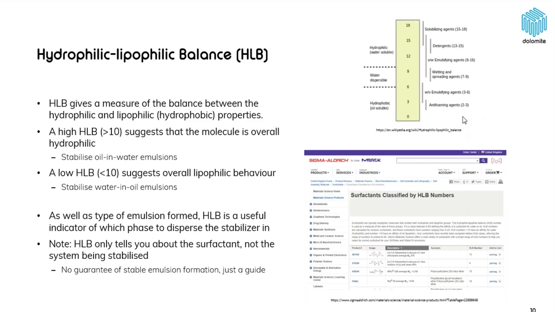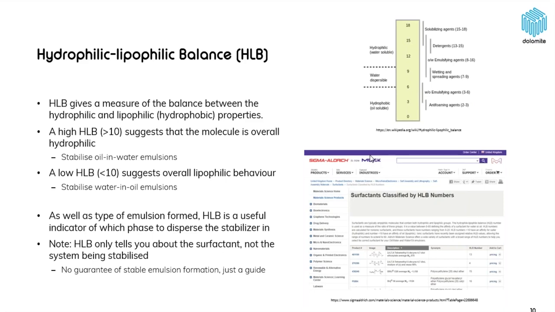If that value is greater than 10, you consider this to have a high hydrophilic-lipophilic balance, which would suggest that overall that molecule is hydrophilic and would likely stabilize oil in water emulsions. On the other side of things, at the low end, if you have less than 10 for your HLB, that would suggest overall you have lipophilic behavior and that you would stabilize a water in oil emulsion.